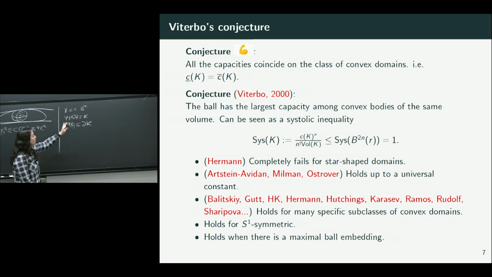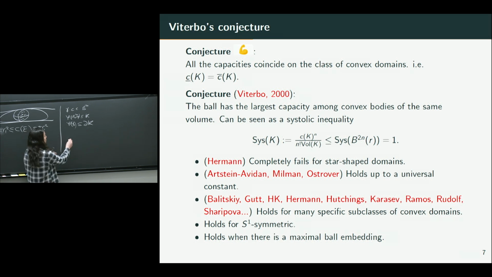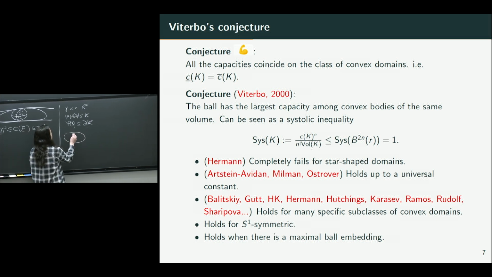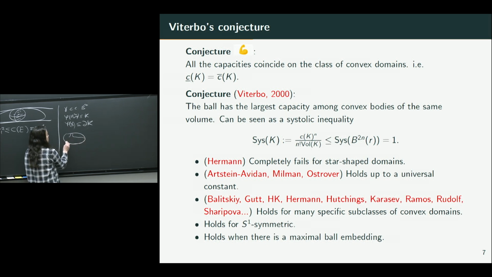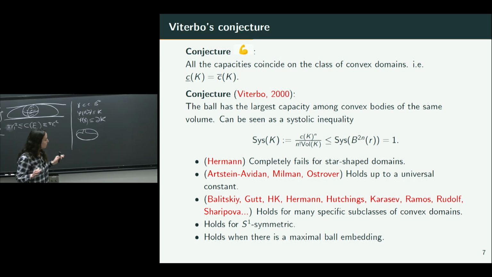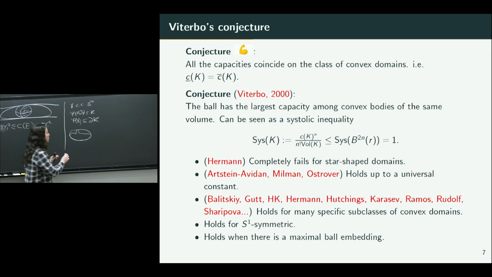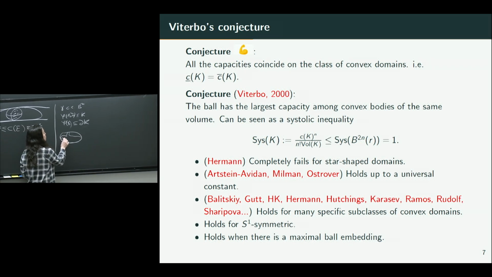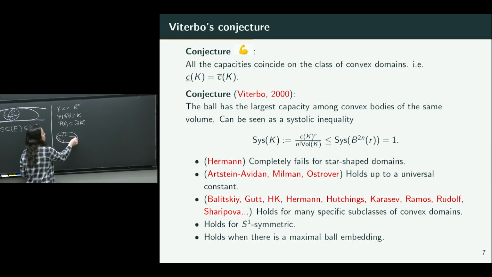And if no loop lies entirely on the boundary, so if I have my domain K and my ball embedding loop looks something like this, then using a classical theorem, say by Sullivan, or even one can construct by hand, some Hamiltonian function which will push all the points intersecting the boundary inside.